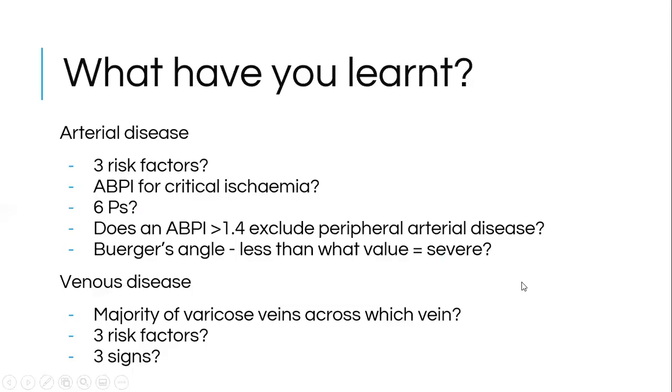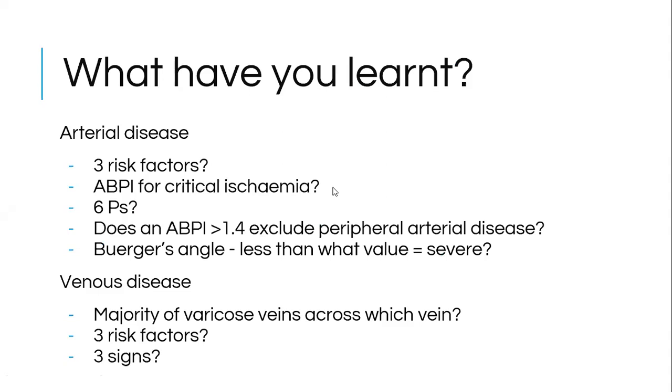Right, quick quiz and then I'll let you go. Okay, so can anyone give me 3 risk factors for arterial disease? Diabetes, age, weight, good. Smoking, diabetes, obesity, yeah, fantastic.